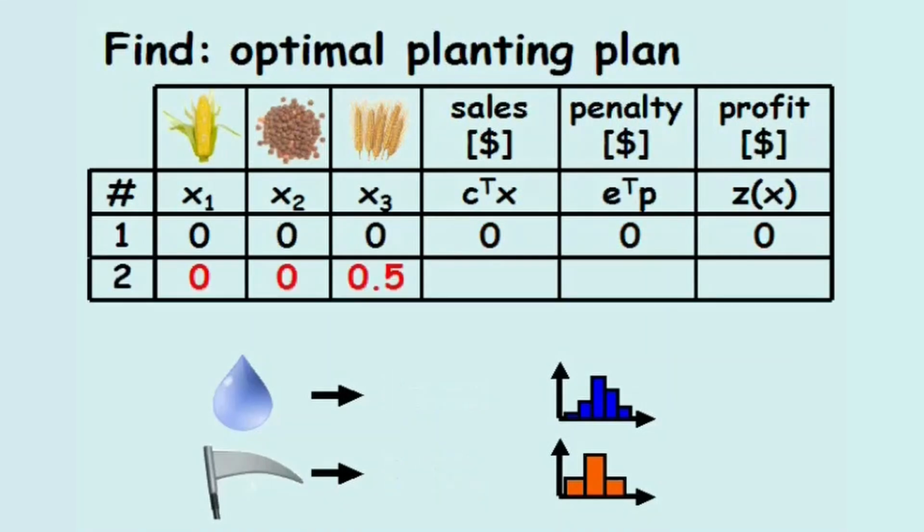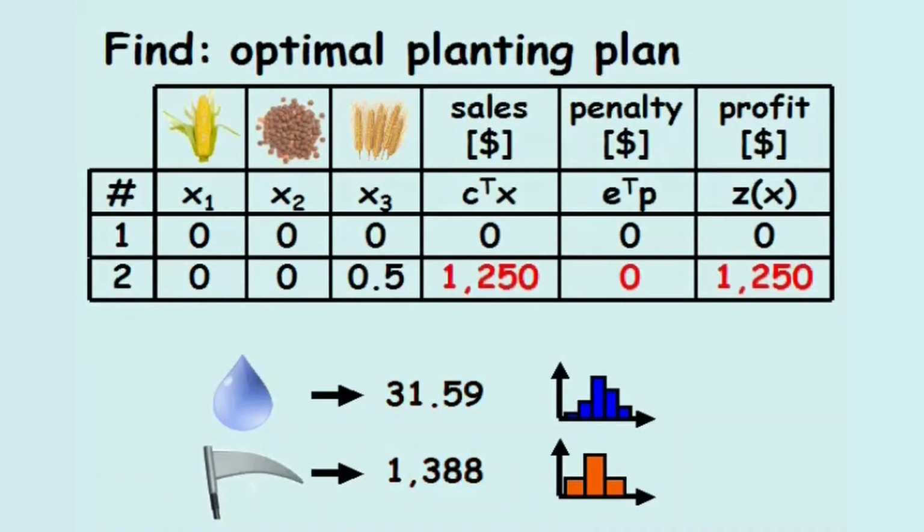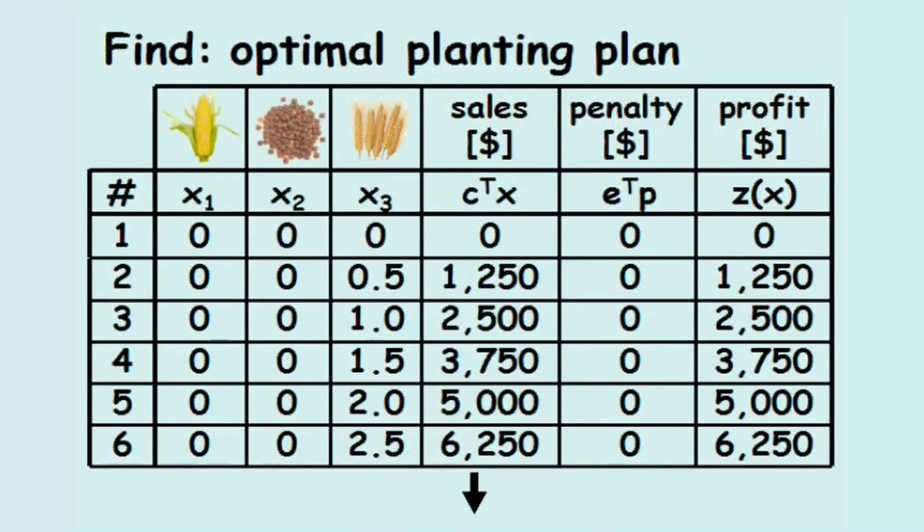In the second trial, 0.5 acres of wheat are planted. New stochastic variables are generated, and the sales, penalty, and profit are calculated. This process repeats for all 9,261 trials, or unique combinations of planting plans.